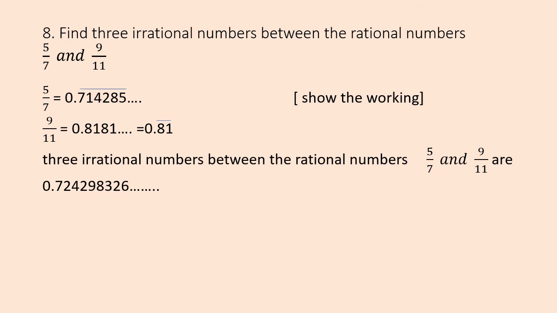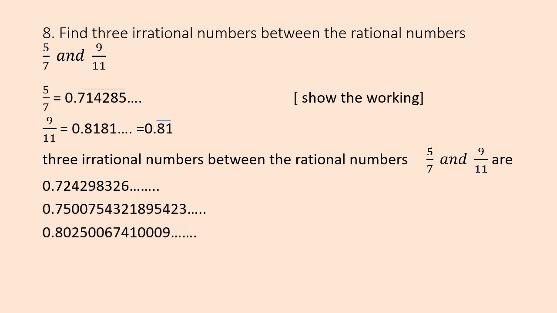You can write any digits, but be careful that it is between 0.71 and 0.81. You are not supposed to write 0.82, because you have to write a number below 0.81. The second number I have written is 0.750075 etc. And the third number is 0.802500674 etc. While writing the numbers, be careful.